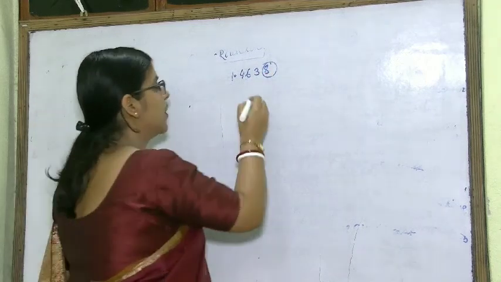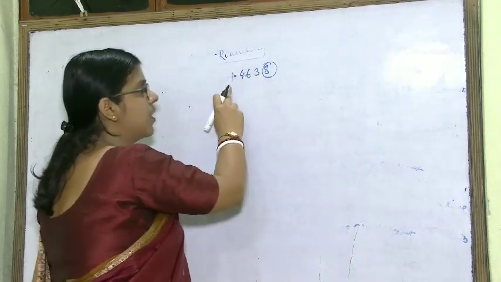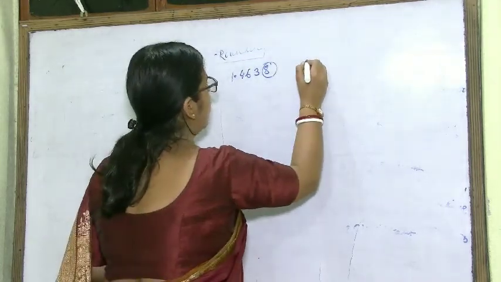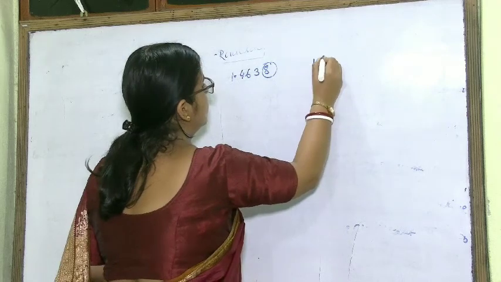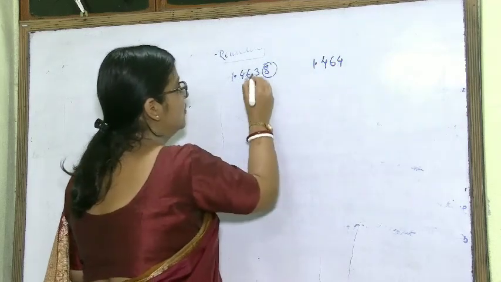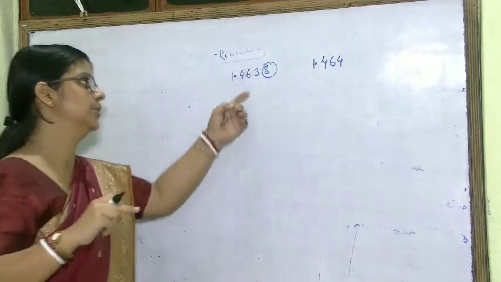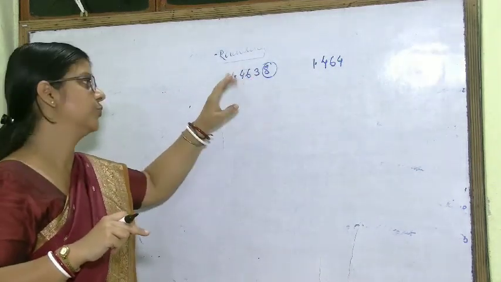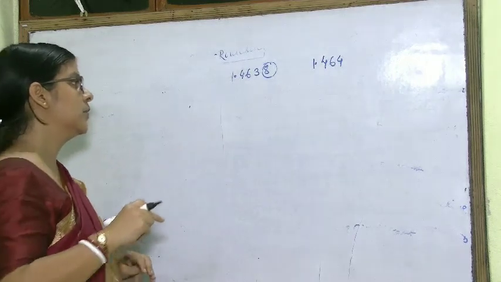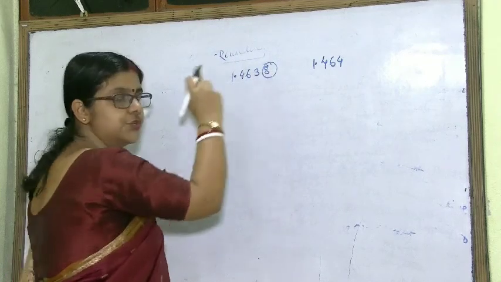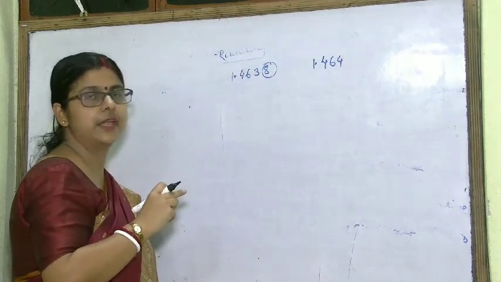So how will you round off? It will be 1.464. You will add 1 to it, because the digit to be dropped is more than 5.